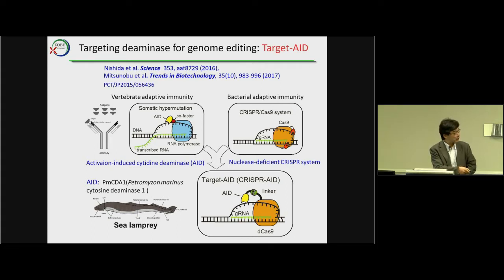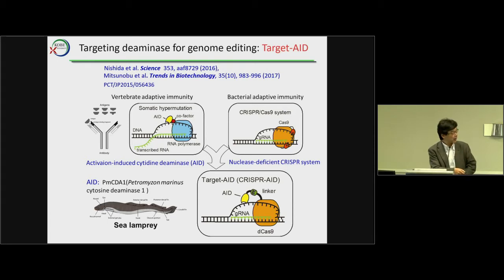And if you look at the bacterial adaptive immune system, it's of course the CRISPR-Cas9 system. Here we have a guide RNA, and here we have Cas9. If you compare these two systems, they look kind of similar. So that is the origin of our concept.